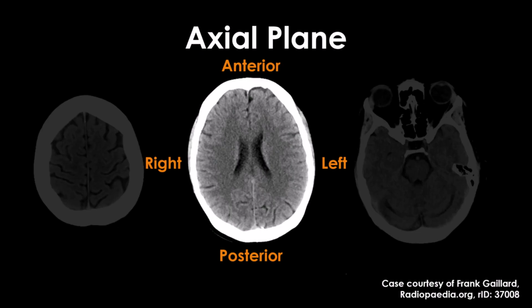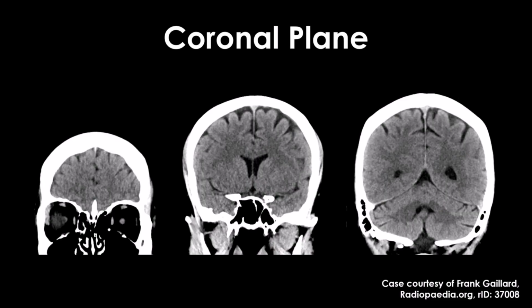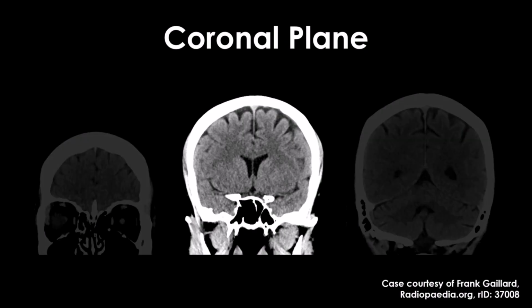But of course, we can also look at the patient in the coronal plane. This series of images of the brain was reformatted from the axial images into the coronal plane, which is very helpful when viewing a CT of the brain. Each image represents a section of the patient in the coronal plane, moving backwards and forwards through the patient. Again, the orientation of each image is important.